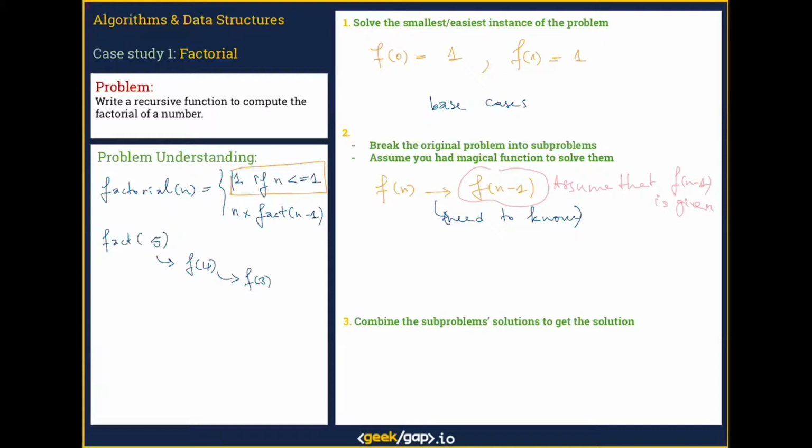If we know f of n minus 1, what does it take for us to compute f of n? Well, it's as simple as doing n times f of n minus 1. That's it.